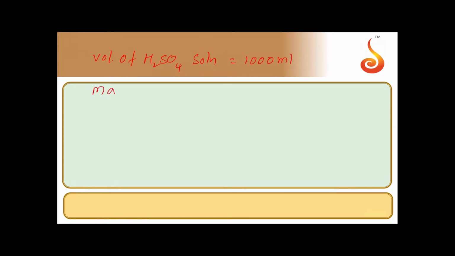Now the mass of the H2SO4 solution. They gave us the density, so we can multiply volume into density: 1000 into 1.261, which comes to 1261 grams of sulfuric acid solution.